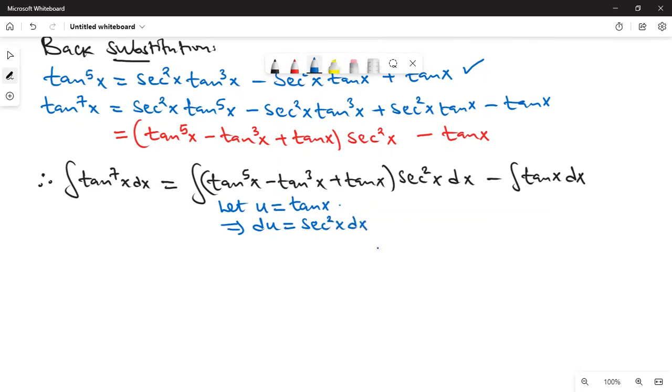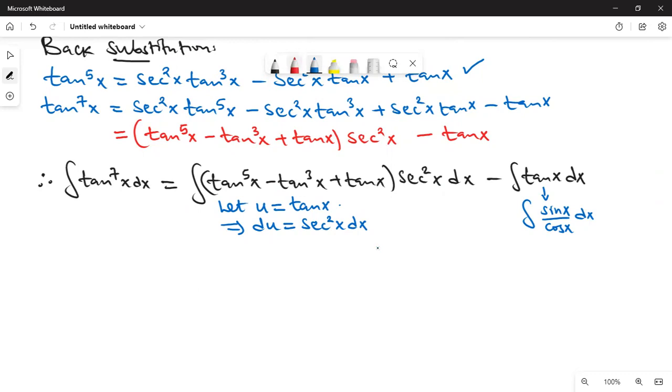That is in the first integral. What about the second integral? In the second integral, you need to rewrite tan x as the integral of sin x over cos x dx. That is tan x, so minus that.